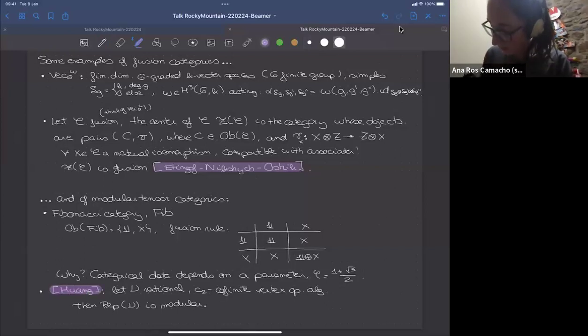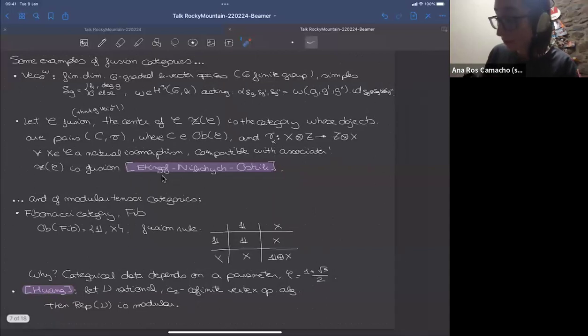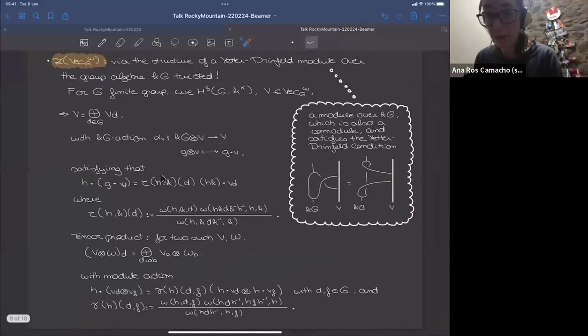But I want to focus on the case of the Dijkgraaf-Witten categories, because I told you here that they are fusion, but actually one can go a little bit further and see that they're modular. And that was very useful for us. I wrote it down here in step-by-step detail.